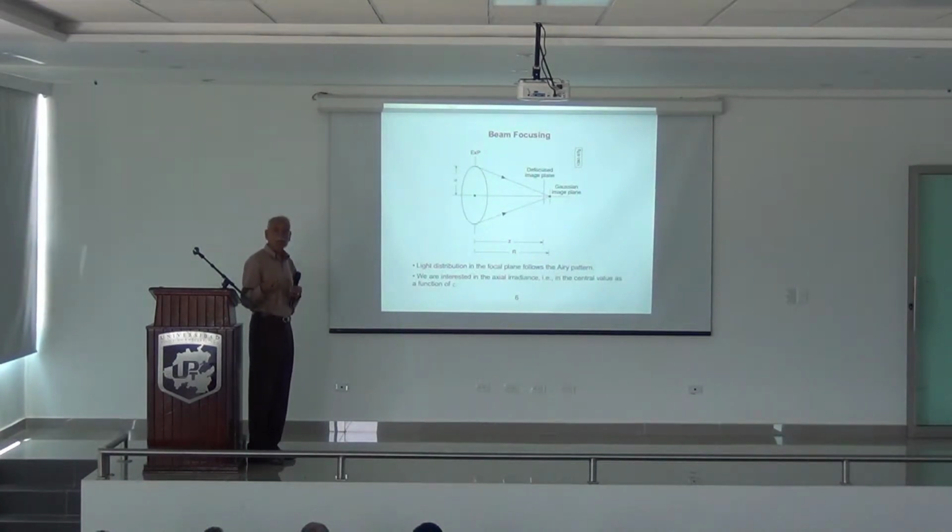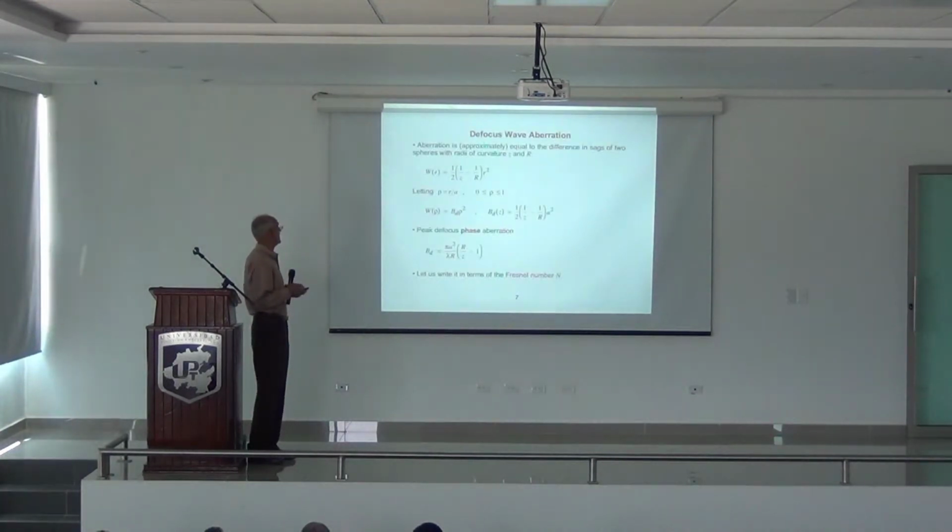And let's talk about the Fresnel number. First of all, defocus aberration. If the beam is focused at a distance r, and observation is made at a distance z, the defocus aberration is given by this expression, and I can write it in terms of this, where the maximum value of r is the radius a of the beam at the pupil plane.